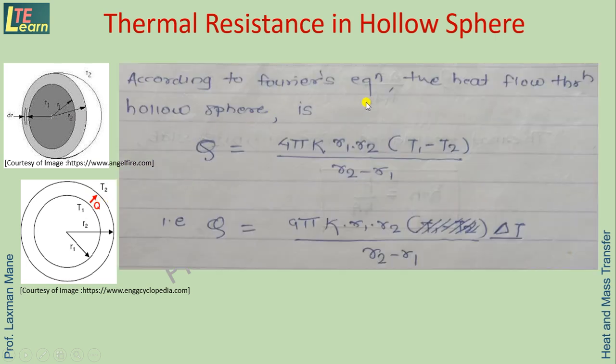Now according to Fourier's equation, the heat transfer through hollow sphere is given as Q is equal to 4 pi k R1 R2 into T1 minus T2 divided by R2 minus R1. So this T1 minus T2 is the temperature difference, k is the thermal conductivity, R1 and R2 are the radii.